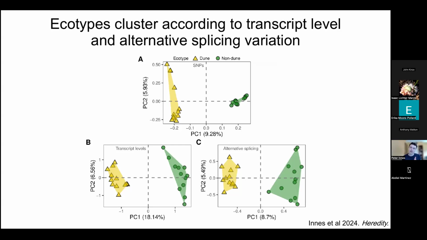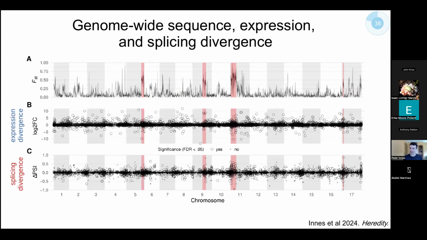All right, so next we looked at the landscape of divergence, both in terms of SNP variation and transcript levels and splicing. And this is what we see. So at the genomic or the genetic level, panel A, just looking at genetic differentiation, FST, you can see higher FST as we expect in these inversion regions, which are highlighted in red.